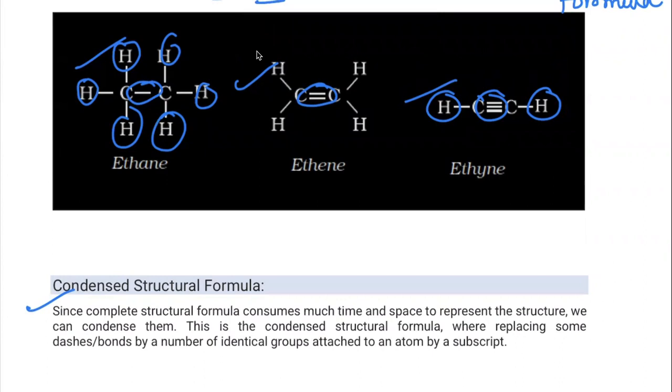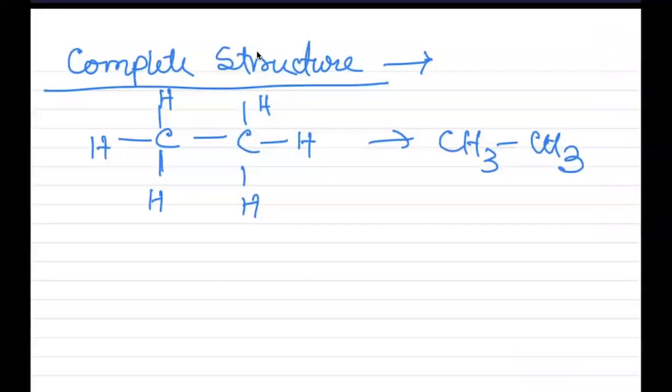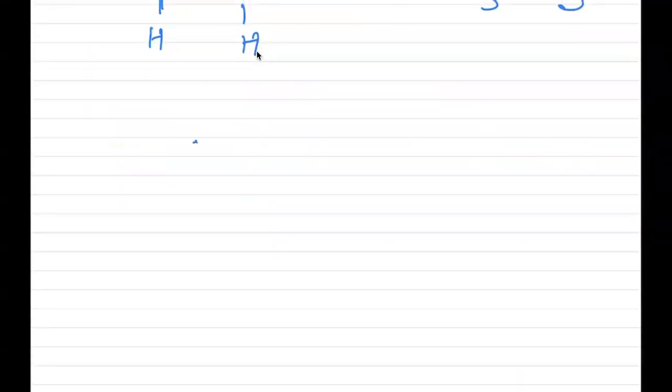But if we consider larger compounds, like methanol, butanol or propanol, it will take a huge amount of time. Propanol has three carbons, 1, 2, 3. This is propanol. In this way, we have to write.